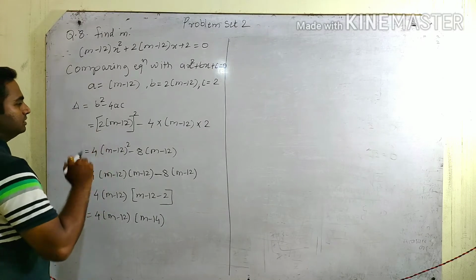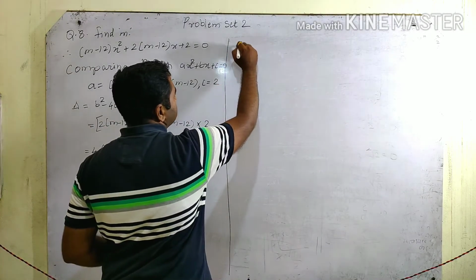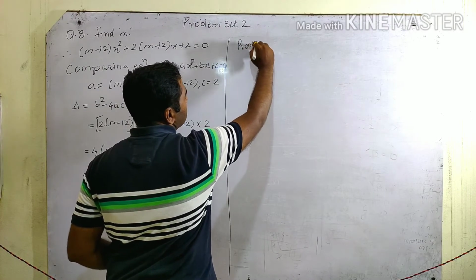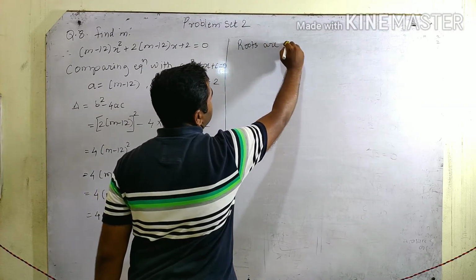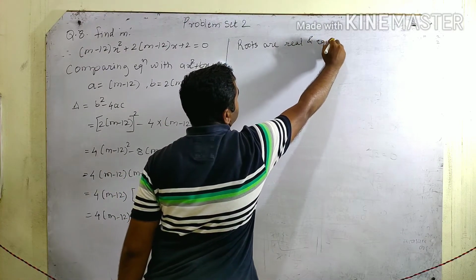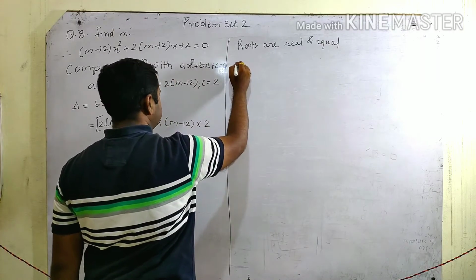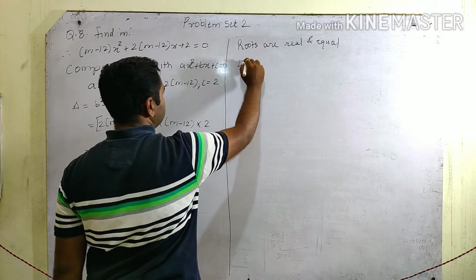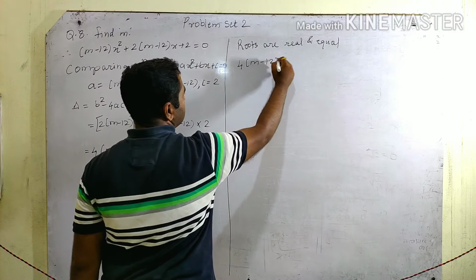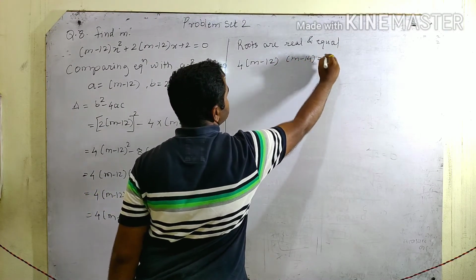Now we know that the roots are real and equal. So here write roots are real and equal. Okay, roots are real and equal. So 4(m minus 12)(m minus 14) is equal to 0.